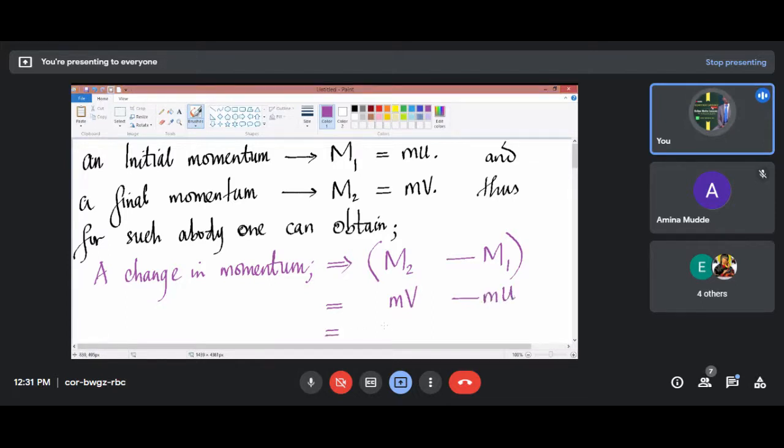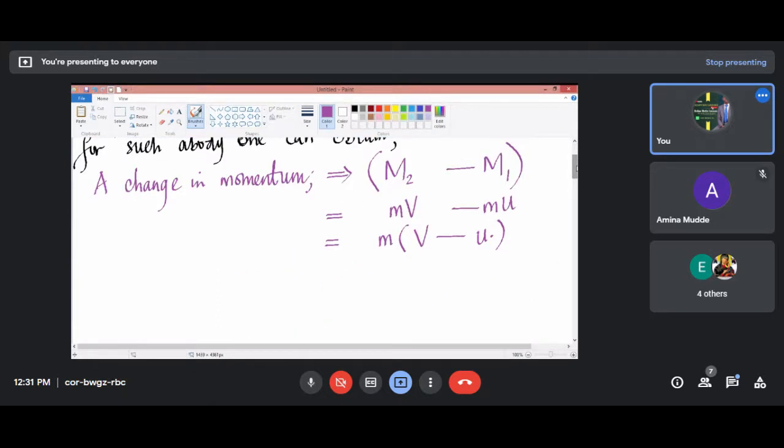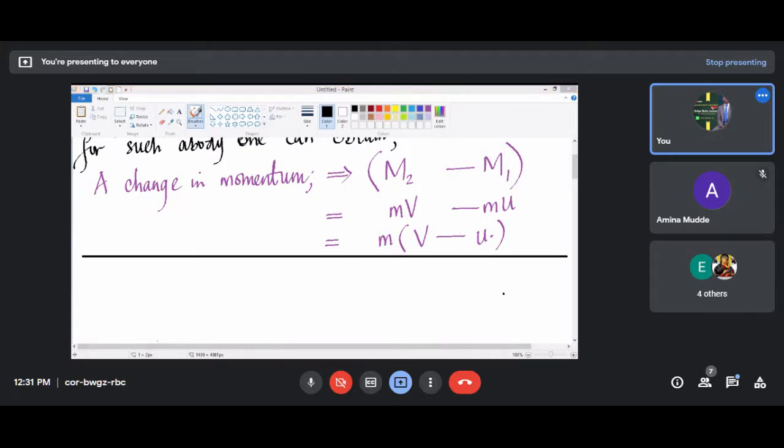And if we agree that small m is common, that becomes m into (v minus u). That becomes what we call the change in momentum. It comes as a result of the body's velocity changing during motion. If a body's velocity changes during the course of motion, then it is expected to have a change in momentum.